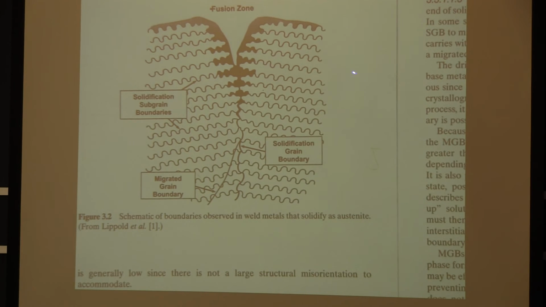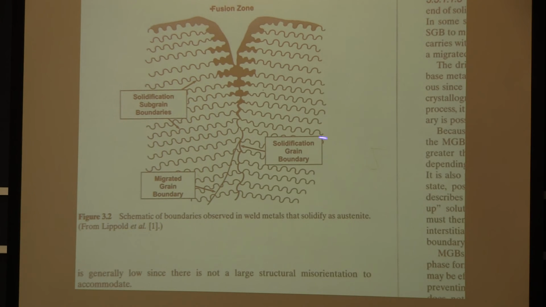You've also got solidification cells or dendrites that are growing together. And as these fronts come together, you get something called a solidification grain boundary, where the two solidification fronts come together and it forms a boundary. Within that solidification front, between the cells or dendrites, you get something called a solidification subgrain boundary.